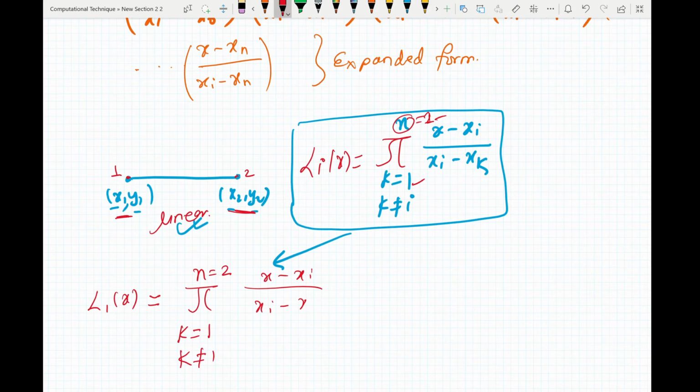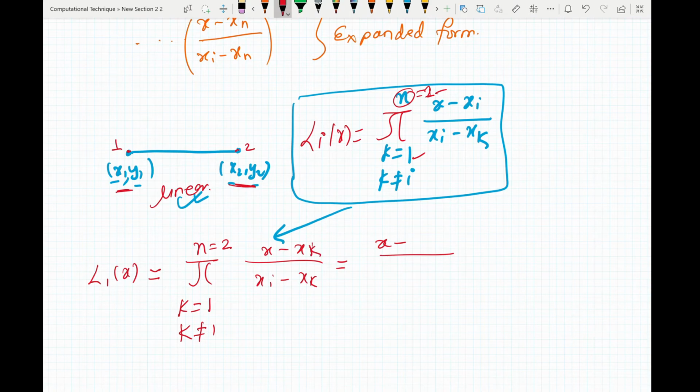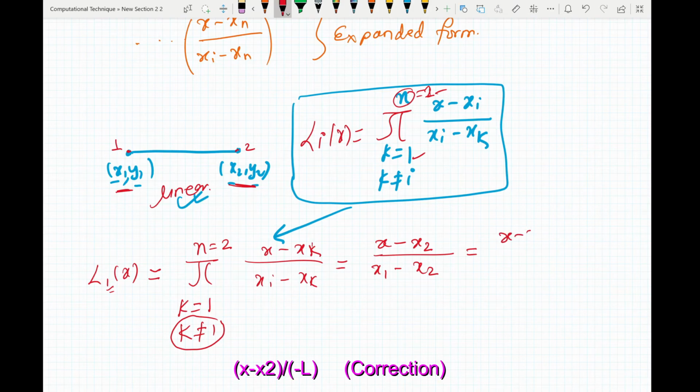Let's expand this. First k will be equal to 1, but in this case k cannot be equal to 1, so we go to k equals 2. So this will be (x minus x2) divided by (x1 minus x2), where i equals 1 here. You know that x2 minus x1 is L, so it is (x minus x2) by minus L. So that's your shape function for L1.